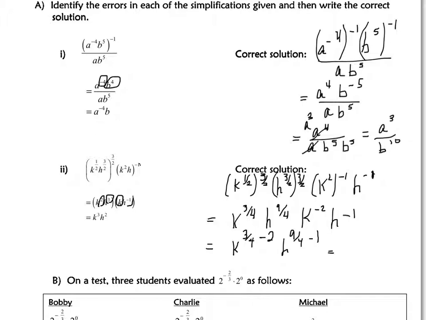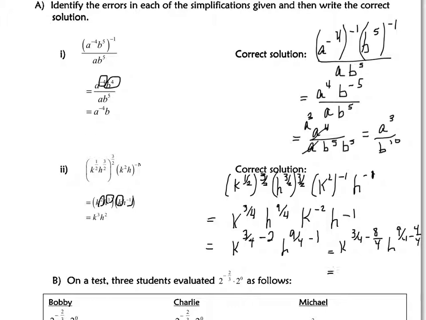So then that would be k to the 3 over 4 minus 8 over 4, because if I want to add 3 over 4 and negative 2, I can get a common denominator, so 2 would become 8 over 4, 2 over 1, multiply top and bottom by 4, and then h would be 9 over 4 minus 1 as with a common denominator 4 would be 4 over 4.